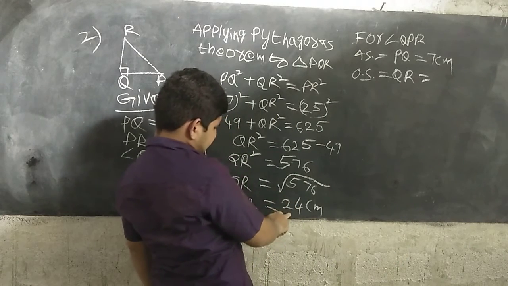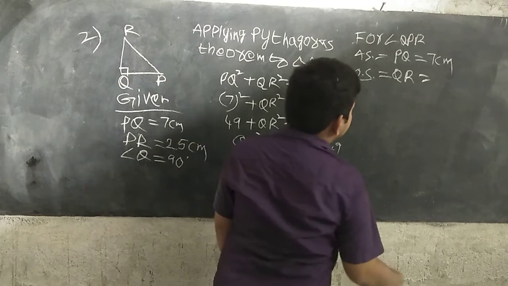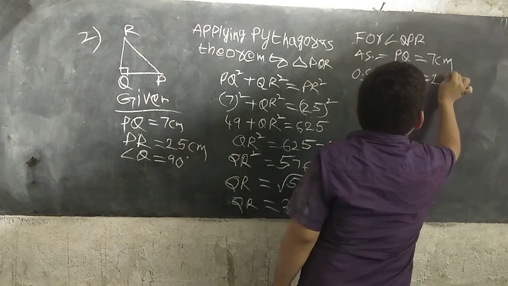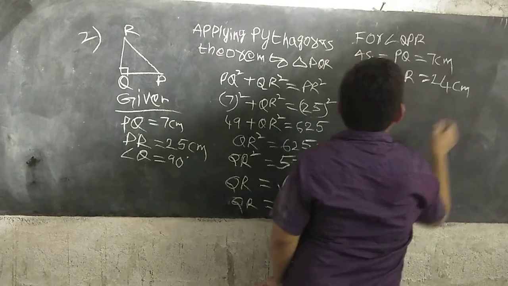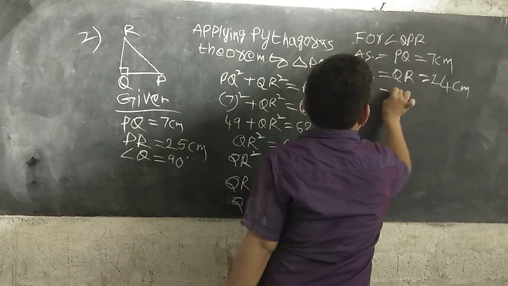QR equal to 24 centimeters. We got it by using Pythagoras theorem. And hypotenuse equal to 25 centimeters.